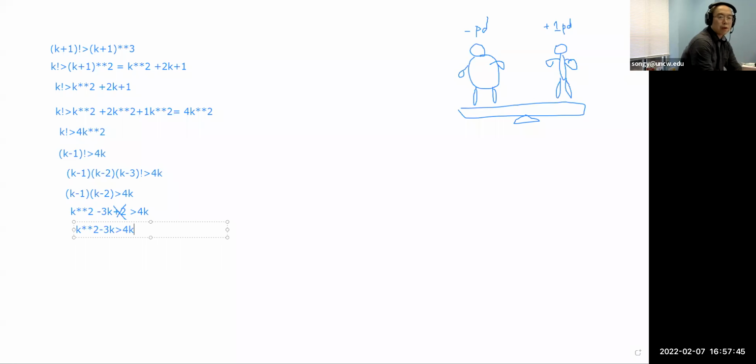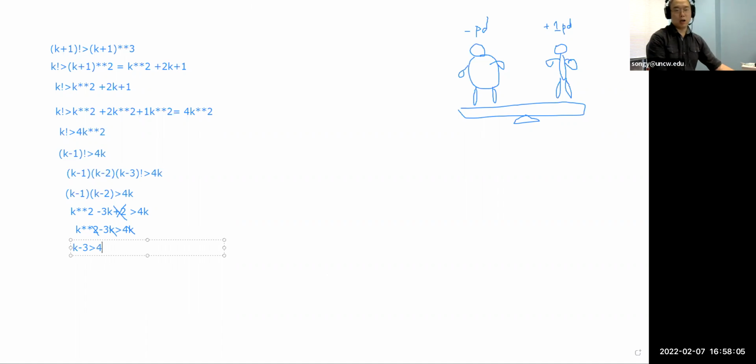Okay, now I'm going to drop another k on both sides. So I'm going to cancel this k here, and one of the k here. So this will be equivalent to k minus 3 is greater than 4.